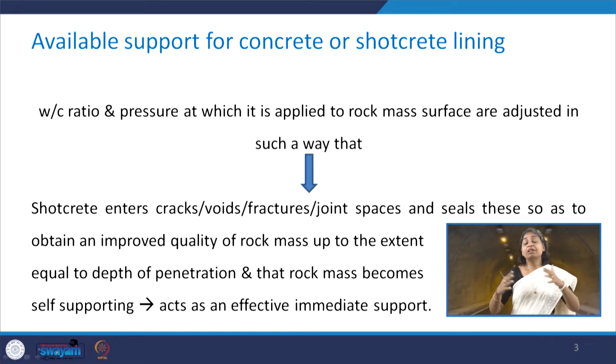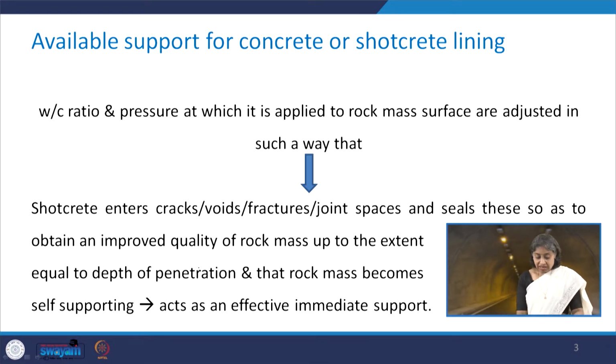But then what will be the extent of this improved quality of the rock mass? That will depend upon to what extent this shotcrete can enter into the rock mass through cracks, voids, fractures or joint spaces.